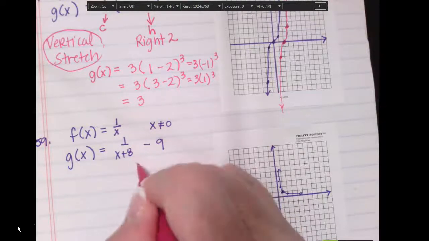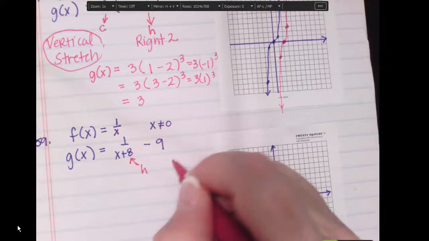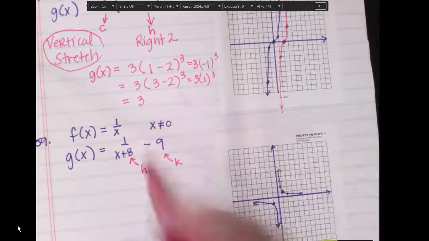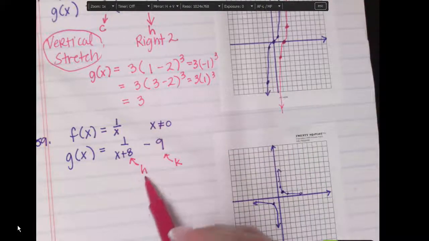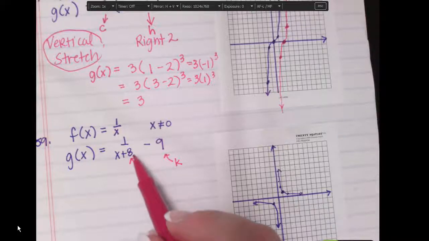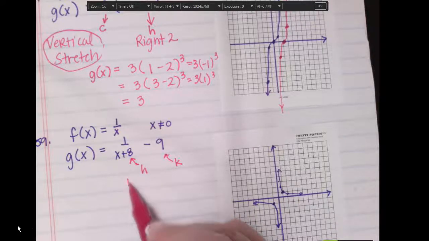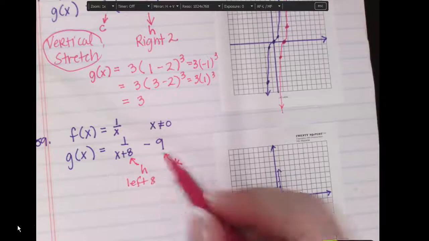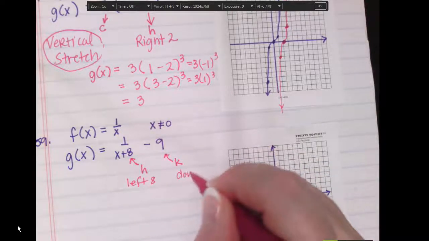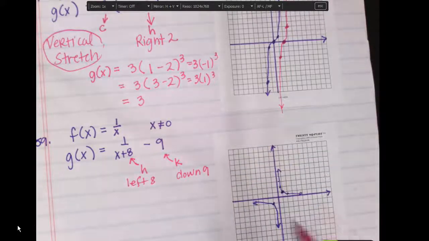Now we need to see, it looks like we've got an h value and a k value. So a plus 8 is going to go left 8, and a minus 9 is going to go down 9. And so the way we shift a rational function is we actually shift the asymptotes.